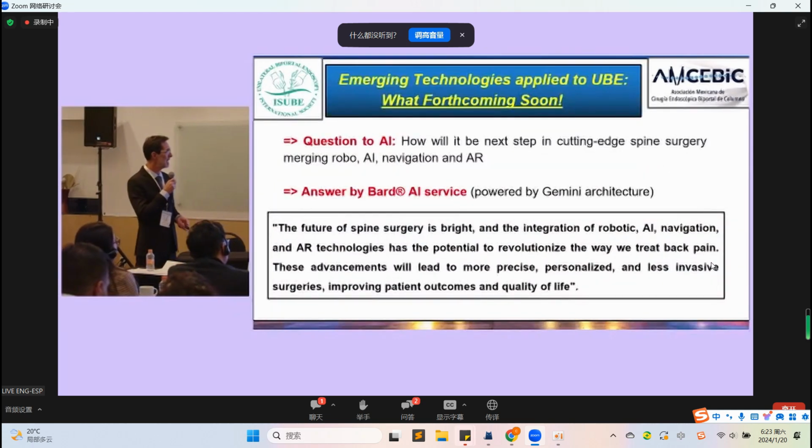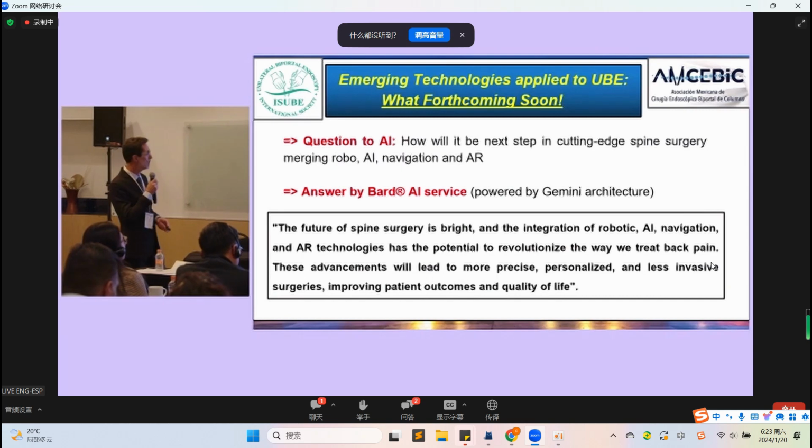And to finalize, I asked a question to the Bard AI service. Bard, what will be the next step in cutting-edge spine surgery, merging robotics, AI navigation, and augmented reality?